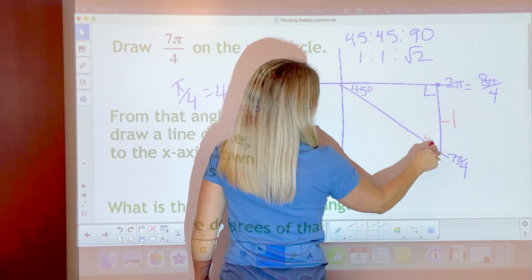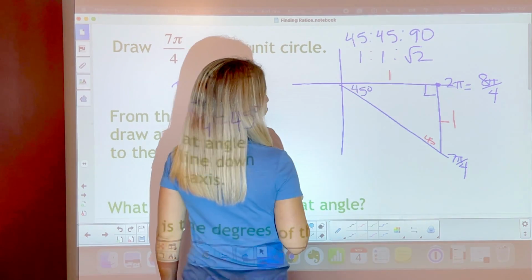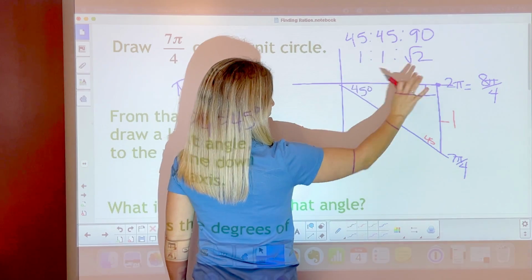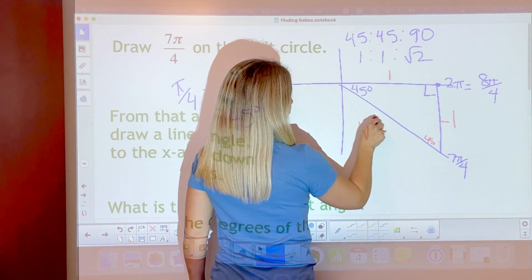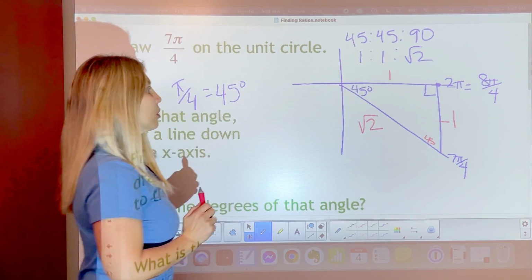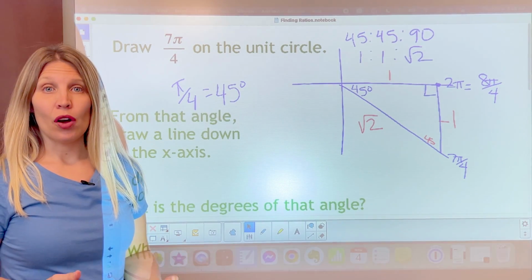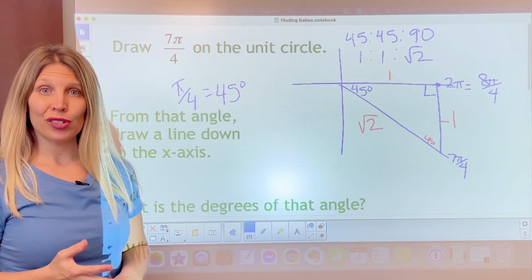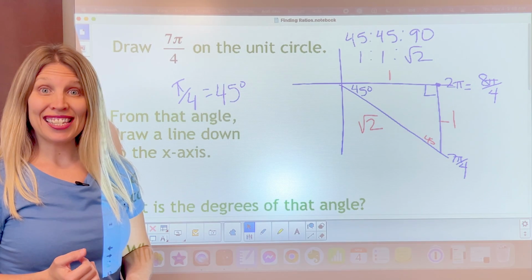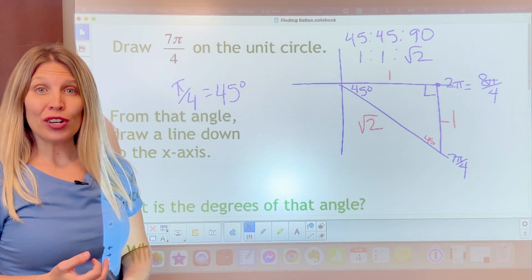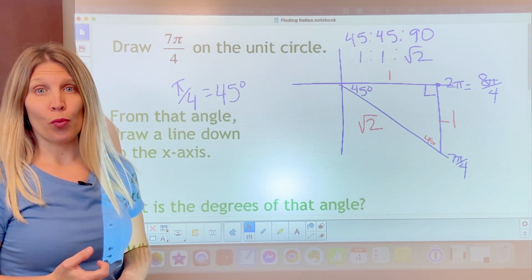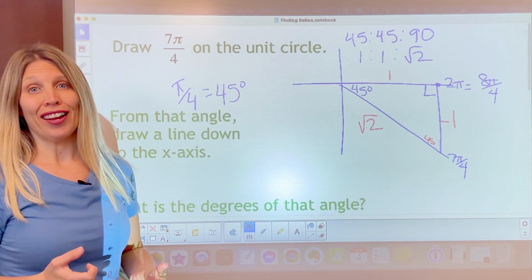The other 45 is down here, which means its ratio is up over here. Positive 1, because the x's are in the positive. And our square root of 2 is our hypotenuse. So that is how you go through and label triangles, given the radians, finding the matching degrees, and then labeling with the appropriate ratios on the triangle.